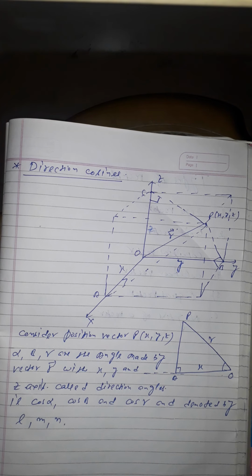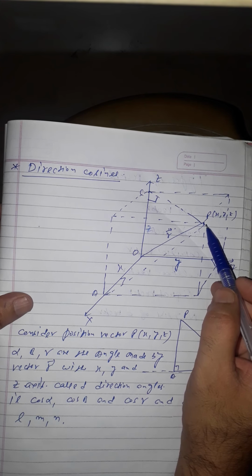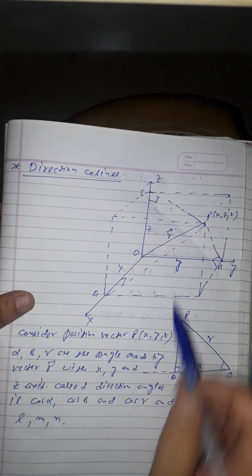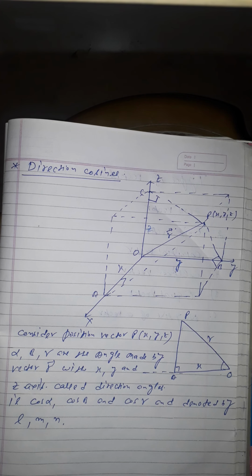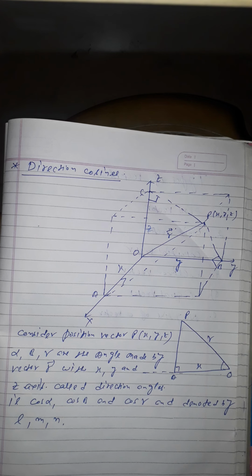Now let us continue with the direction cosines. In the direction cosines, students, again the point P is in space. While we represent this point P that lies in space, it is only imagination where this point will lie.